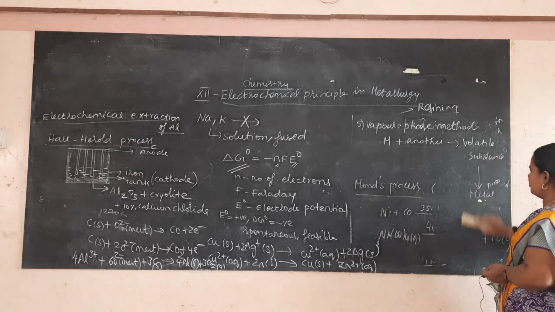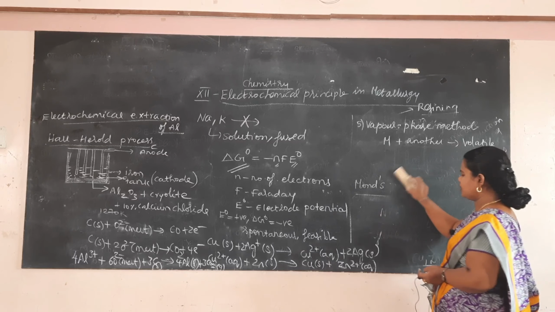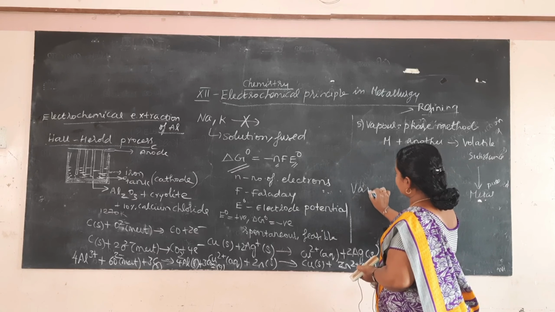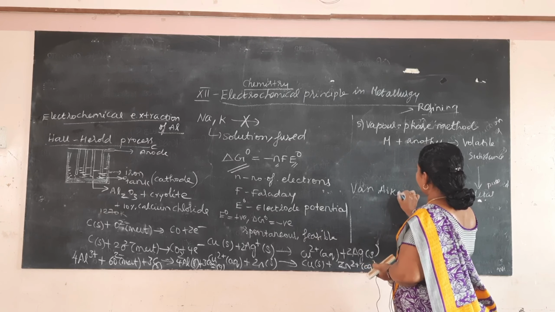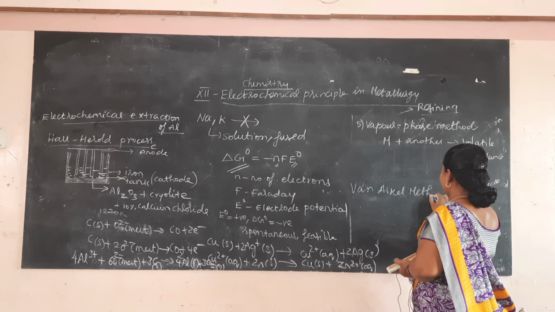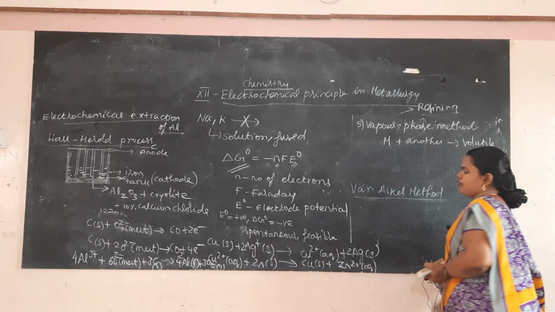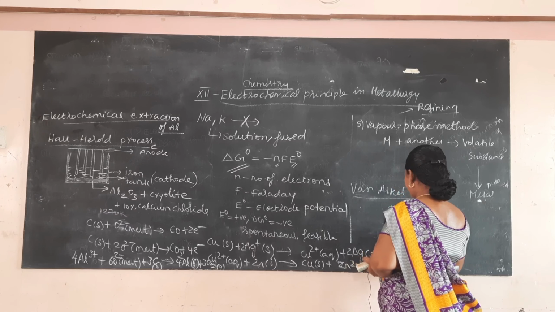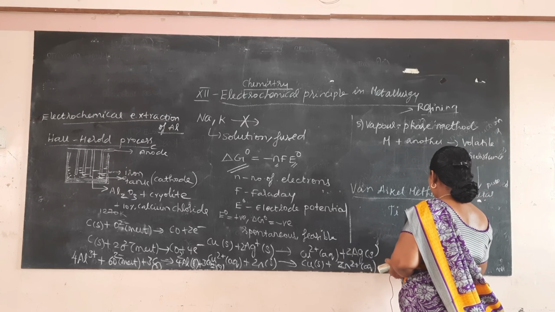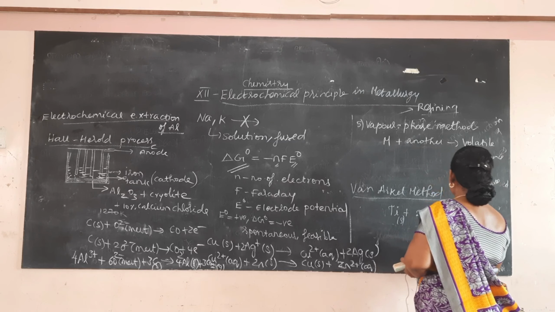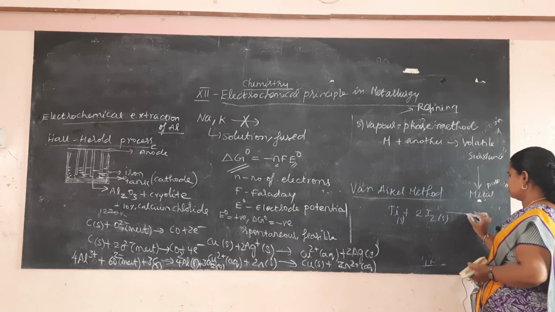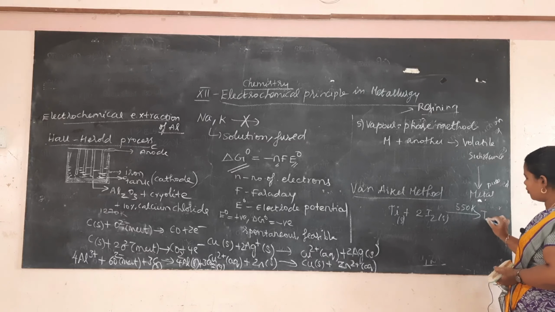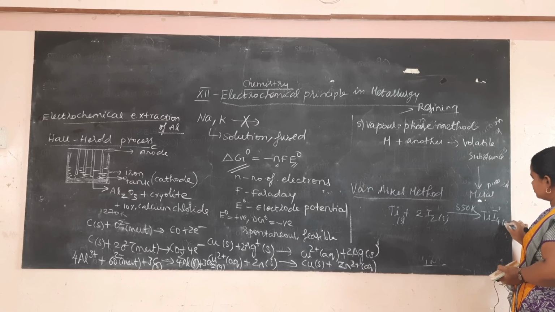Then the Van Arkel method for refining zirconium or titanium. Here, when iodine vapors are passed over titanium at 550 Kelvin, it forms a volatile compound, titanium tetraiodide.